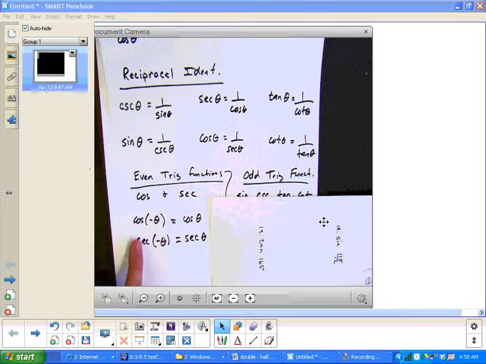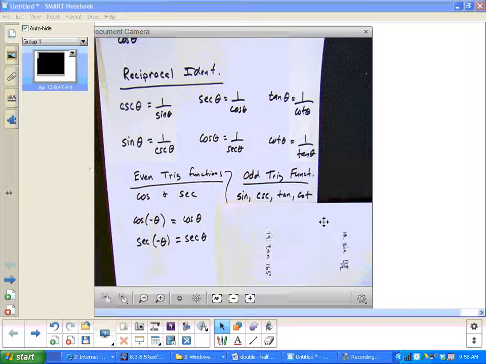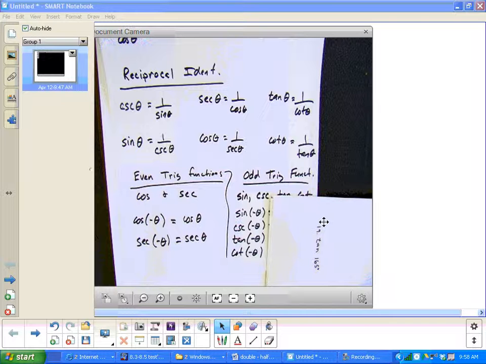And so, I don't necessarily memorize this as much as I memorize that cosine and secant are even. Okay, and that's all I got to remember out of my even and odd stuff. The other stuff just should kind of make sense here. So now, on the other four, it's going to happen when we take one of those functions of a negative angle. Right, the negative just moves out front.